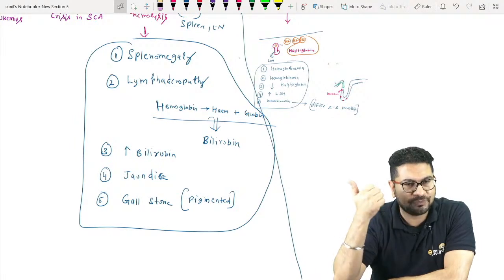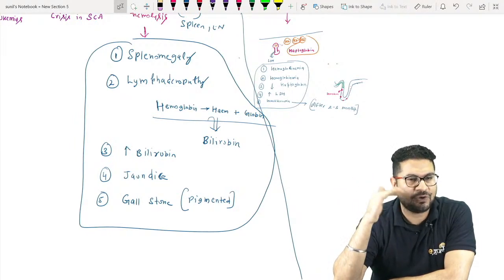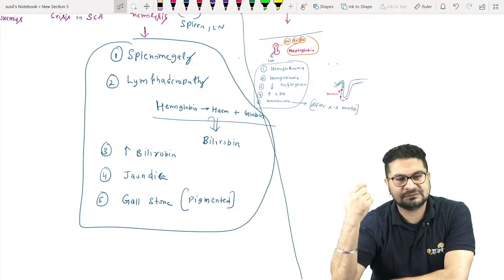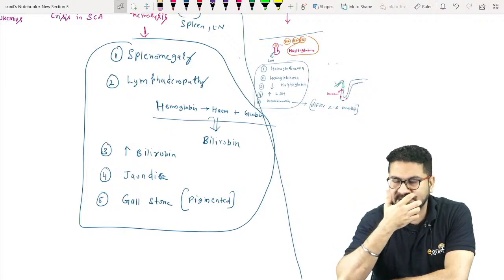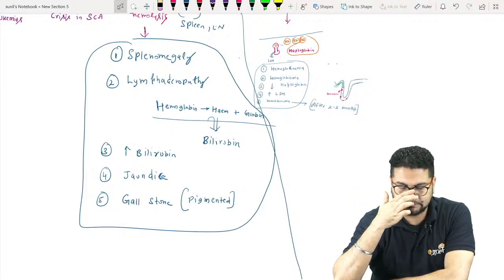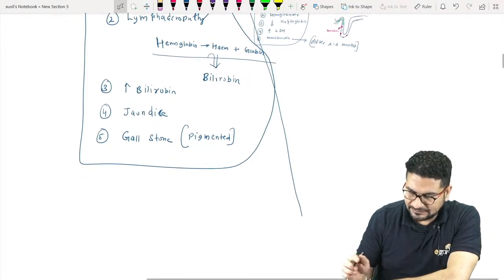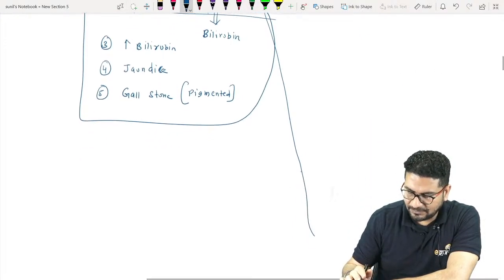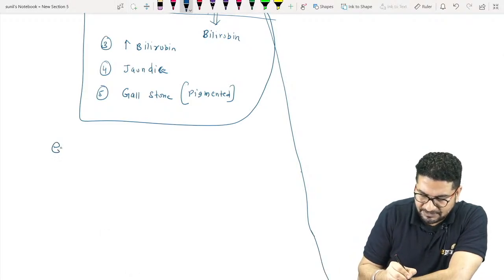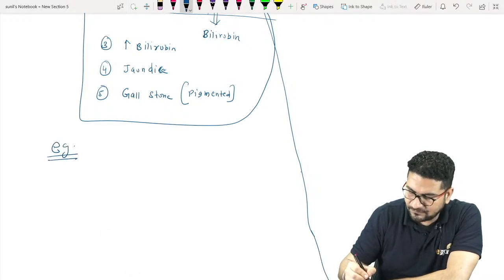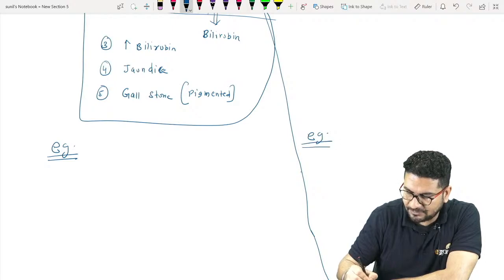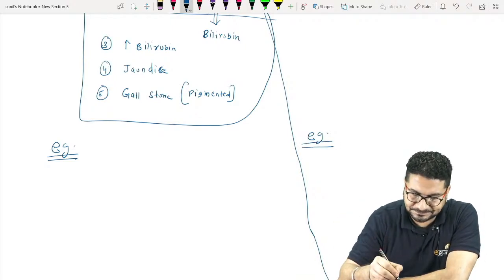You will see hemoglobinemia, hemoglobinuria, low haptoglobin, increased LDH, and after a few months you may notice hemosiderinuria.